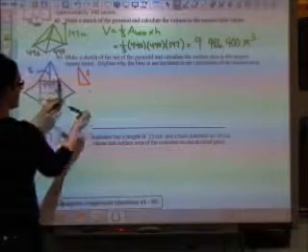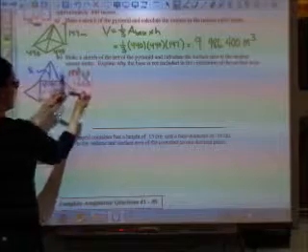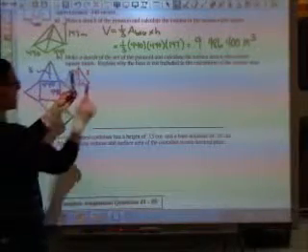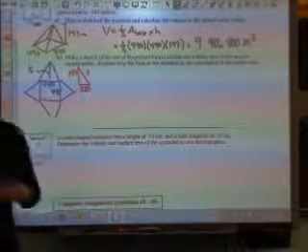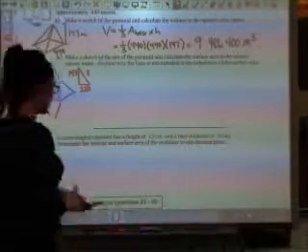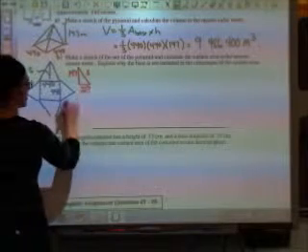This is my slant side. This is my height of 147. And this measurement right here, this is halfway in my base to the outside edge. Half of 440, which becomes 220. So to calculate my slant height, a squared plus b squared equals c squared.